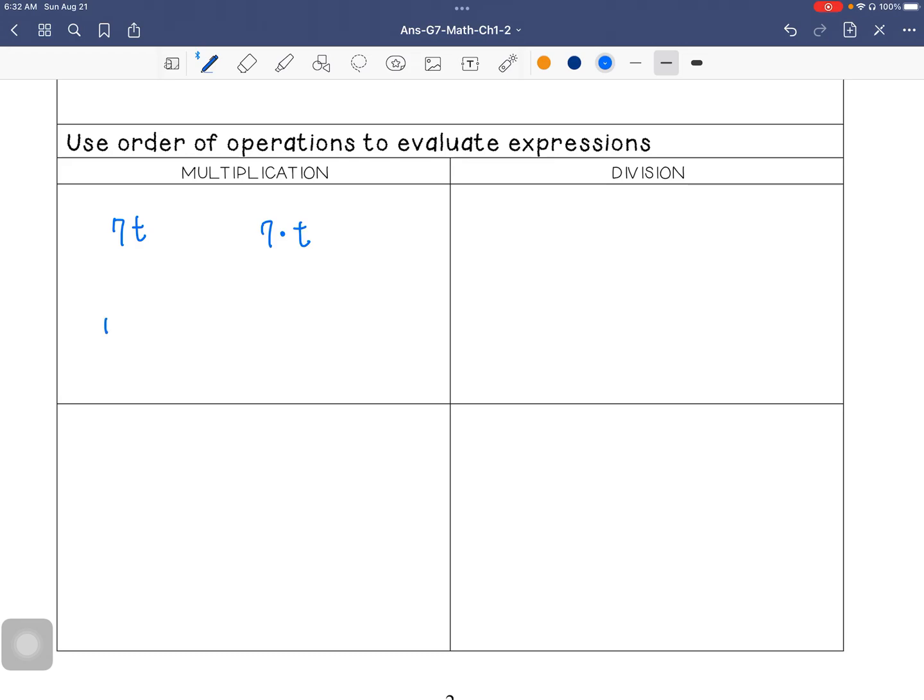With variables, ab means a times b, a dot b still means a times b, a parenthesis b means a times b, and a times b with a cross still equals a times b.